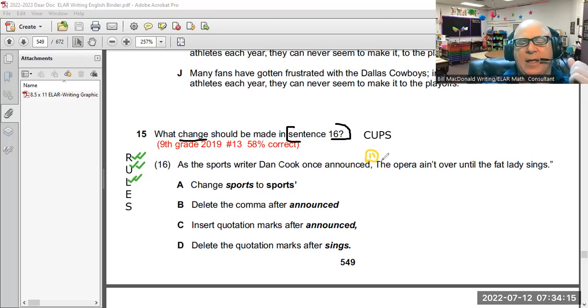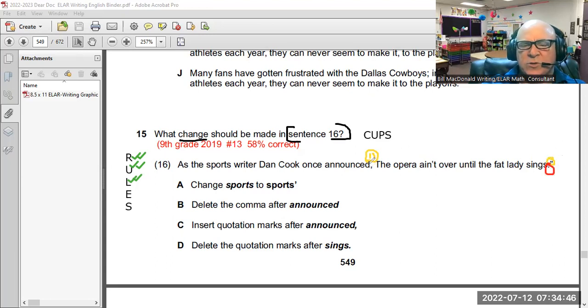Capital, the opera ain't, and I think it would be, is not over until the fat lady sings. Okay, that's an idiom because there's not really a fat lady that's going to be singing anything. So what are we doing here? We are slowing down to say, hey, we're done talking now, but we're also going to say the sentence is finished.